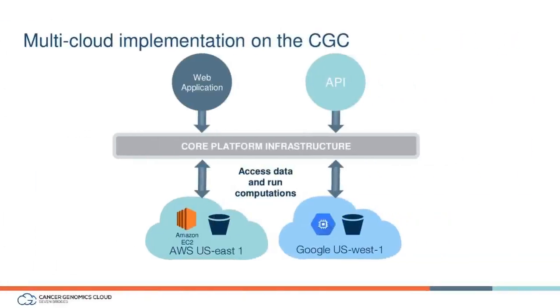Like I said before, we actually operate on a multi-cloud. So we have a core platform infrastructure that operates on one cloud, but then you can create projects that do the analysis and storage on either AWS US East 1 or Google US West 1. And you can make use of any of the compute instances in either platform, as well as the object bucket storage.